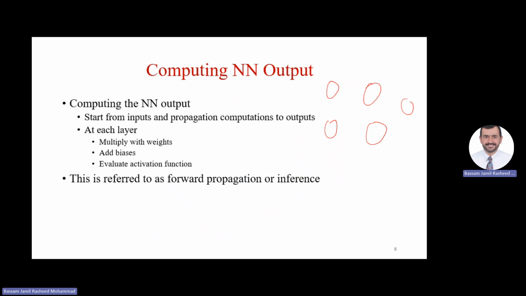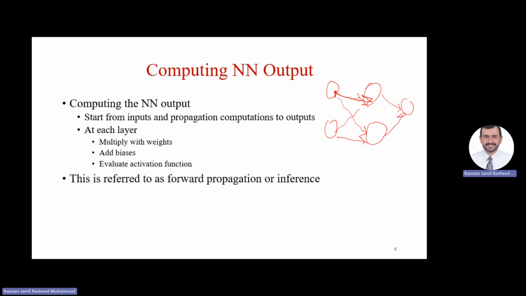You start from the input. Every input goes to every internal node in the hidden layer, and this one here as well. You do a computation, and then the output goes to the output node, which sums the outputs and produces our output. So in every layer, we take the input data, multiply it by a weight, and send it to the destination node.